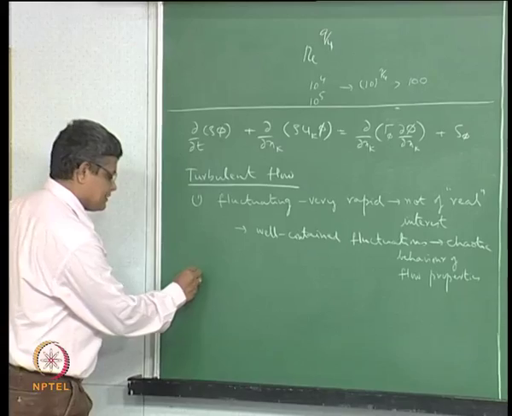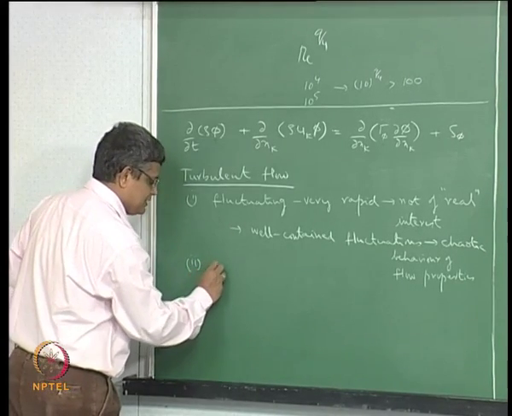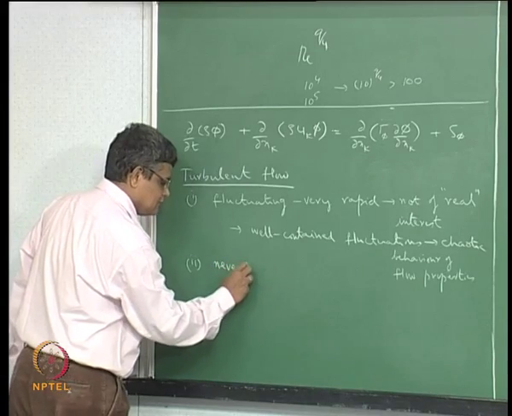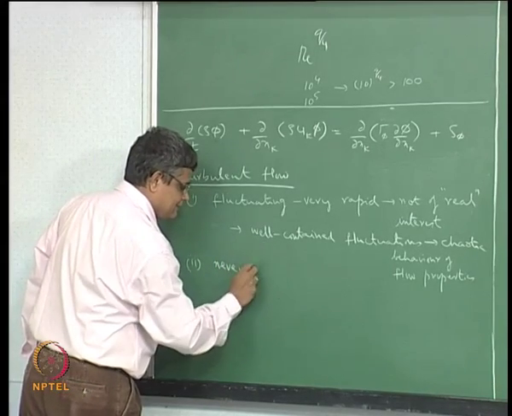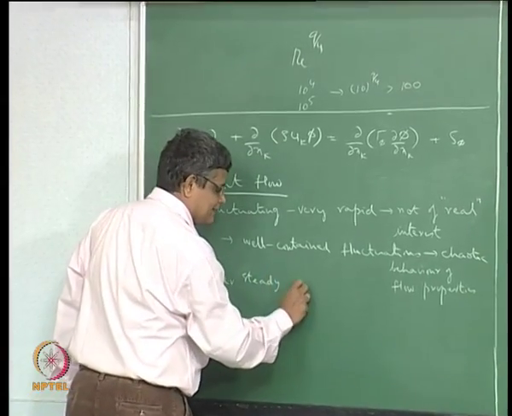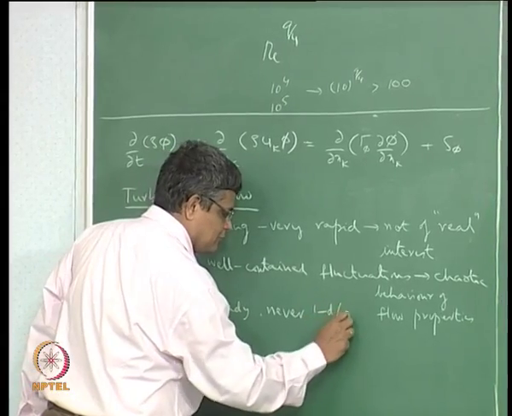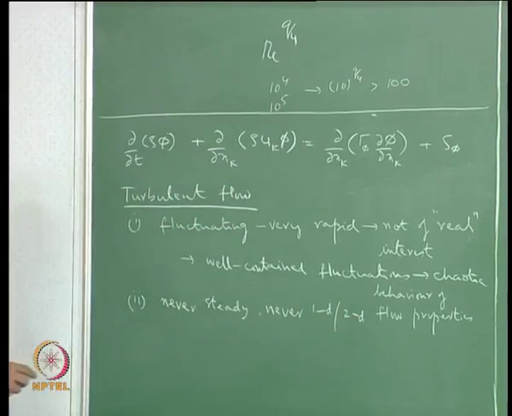So that is one comfort we can take when we are dealing with real world problems. And the other thing which we have already mentioned about this is that turbulent flow is never unsteady and never steady, and never 1D or 2D, it is always 3D.